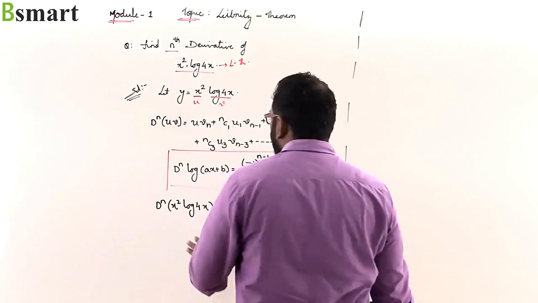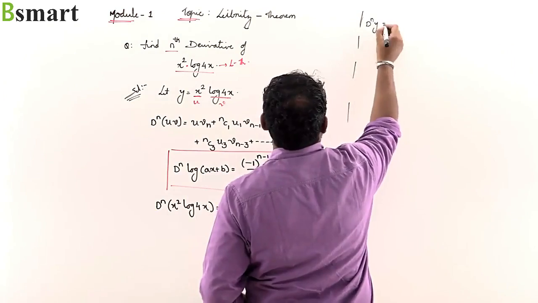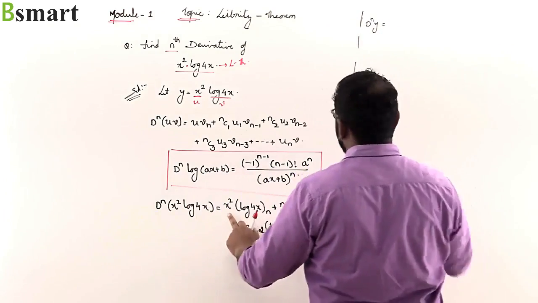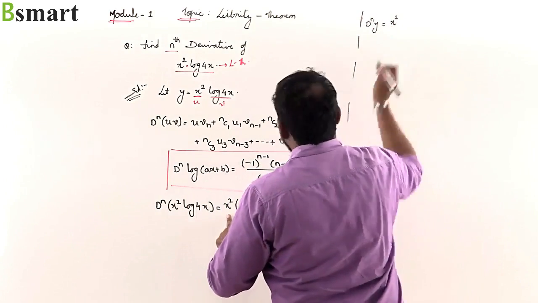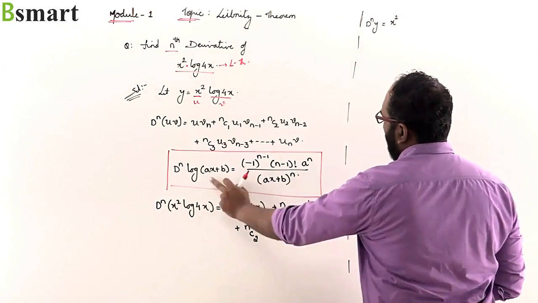So the nth derivative of y is equal to x square into the nth derivative of log of 4x. Here the value of a is 4.